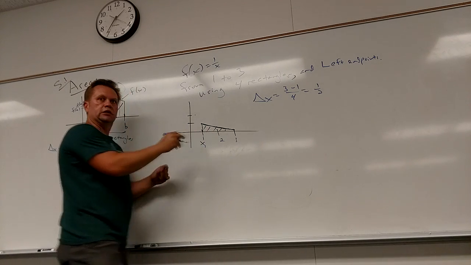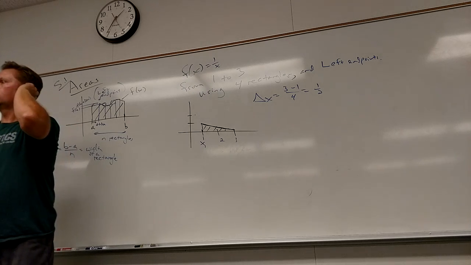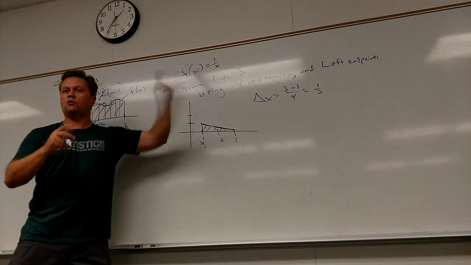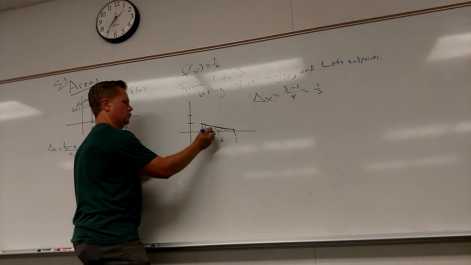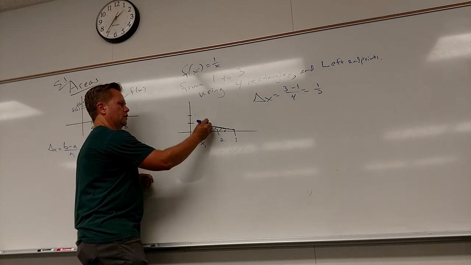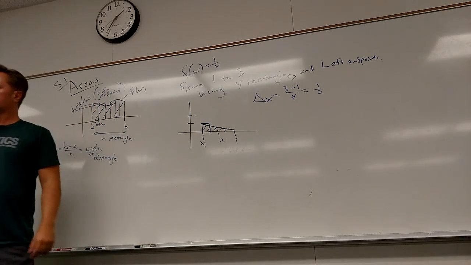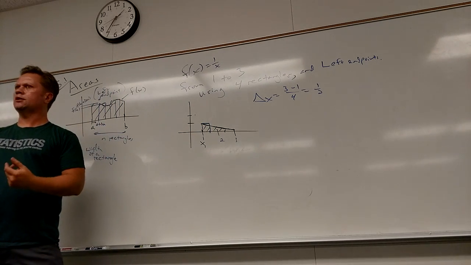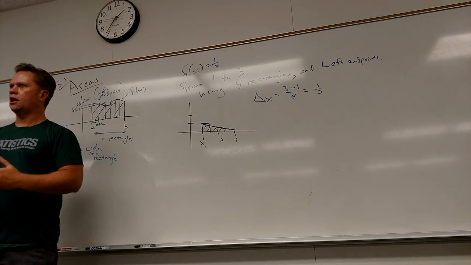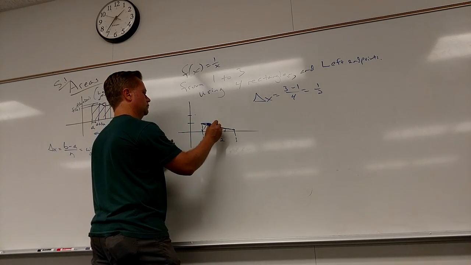The first rectangle is going to be from 1 to 1.5, because it's half wide. So here's where all my rectangles are going to be between. This first rectangle is going to be up to that tall, and so forth. Is this going to be too large of an estimate or too small? Obviously too large. And we're cool with that.